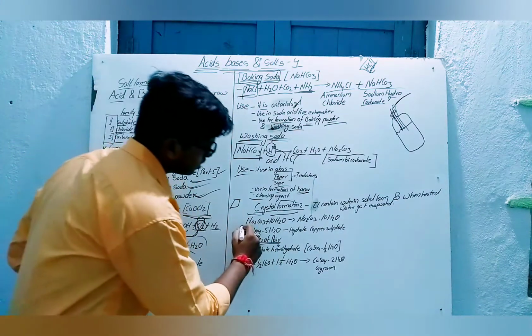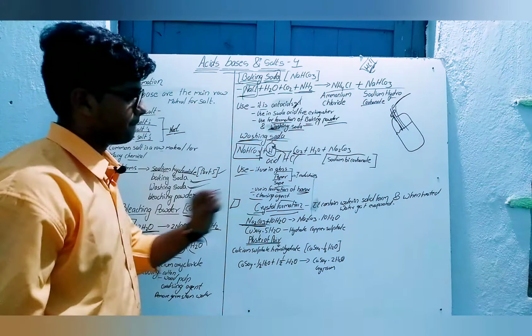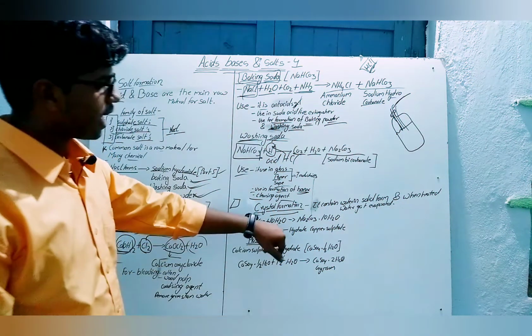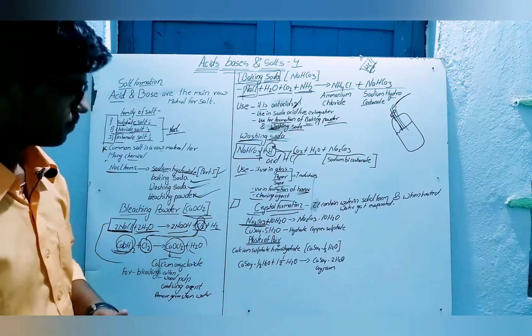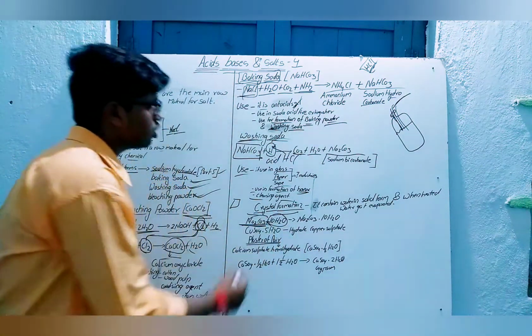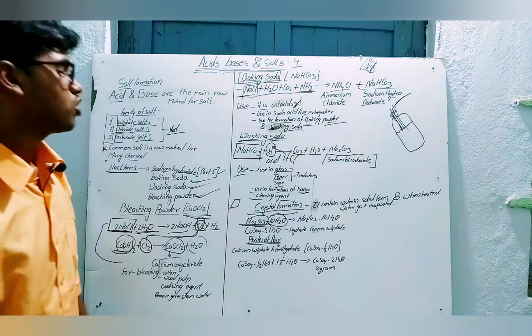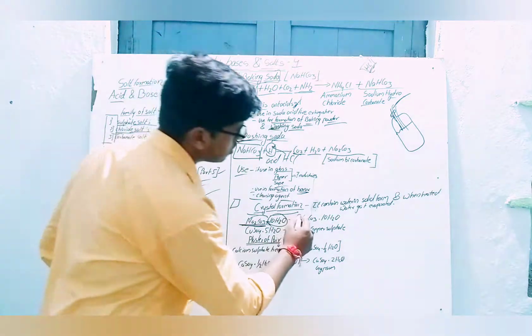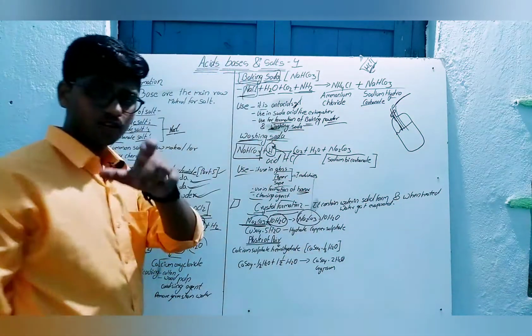So we see here it is sodium carbonate, washing soda, and we add 10 molecules of water. So what will happen? These 10 molecules of water will react with 1 molecule of washing soda, and then this 1 molecule is filled with water, solid water.